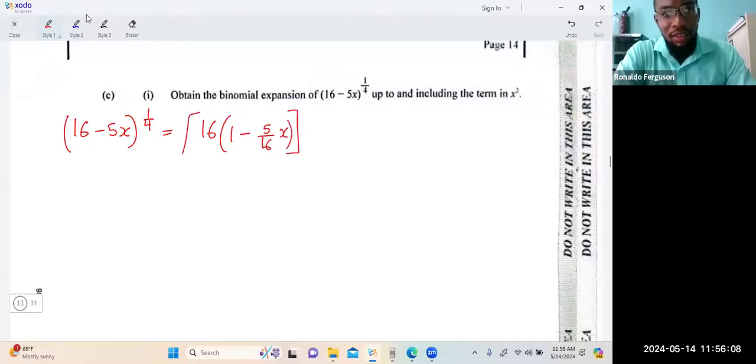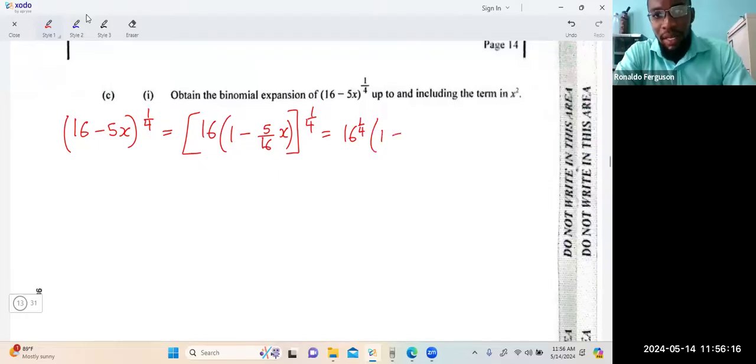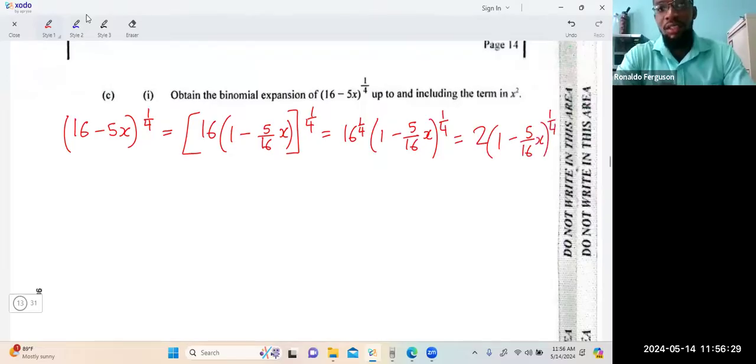All of this is being raised to the quarter. This works out to be 16 to the quarter times 1 minus 5 over 16 x to the quarter. But 16 to the quarter is 2.